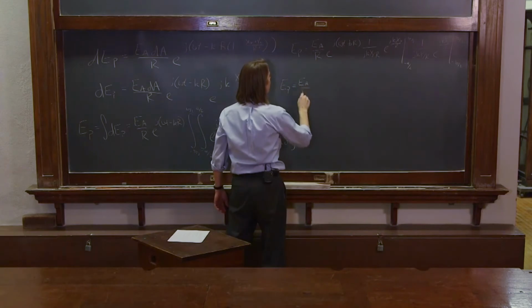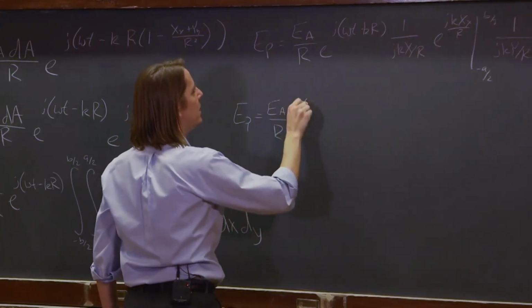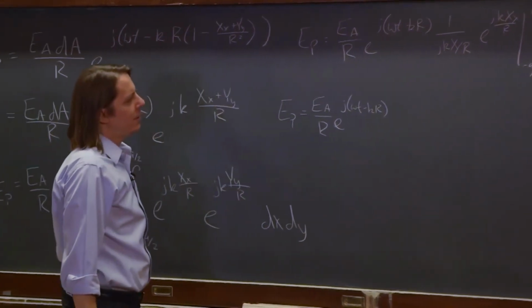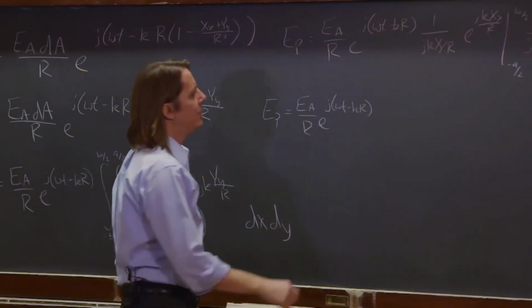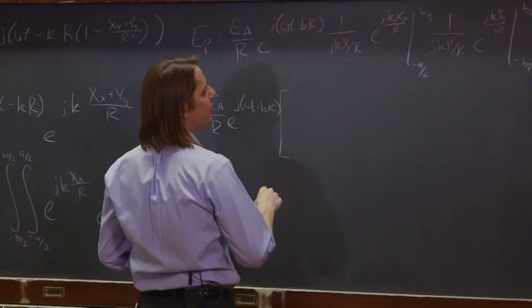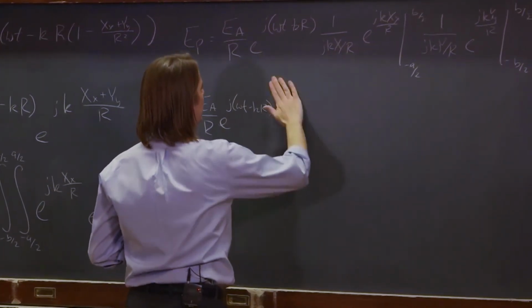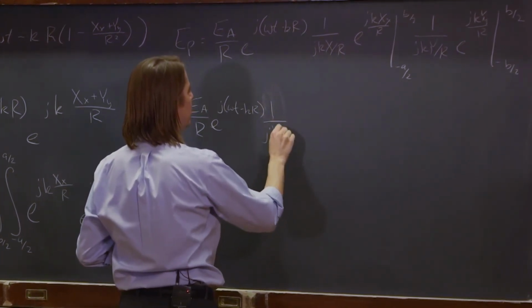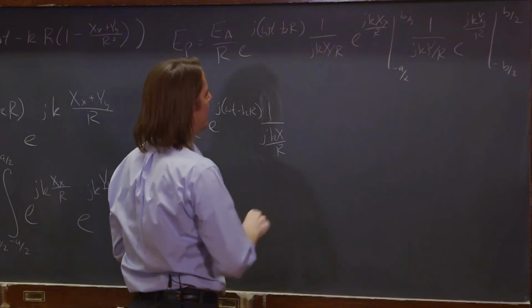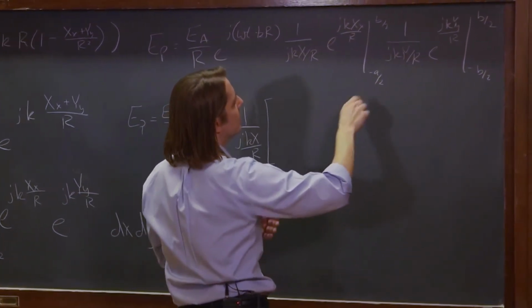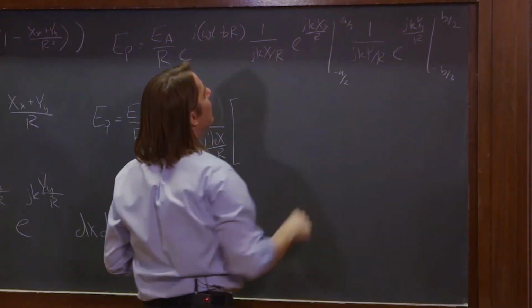EA over r, e to the j omega t minus kr. And now we have to apply the limits. Let's see, we've got 1 over jk big X over r. And then let's say that was an a.